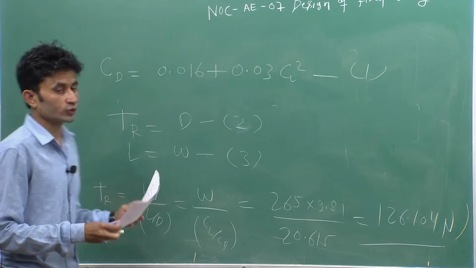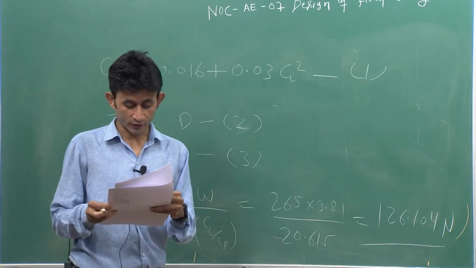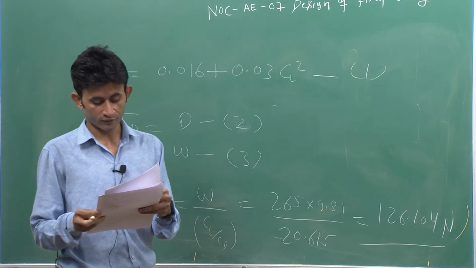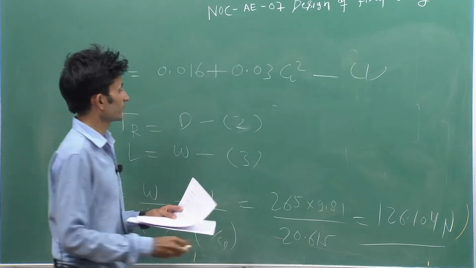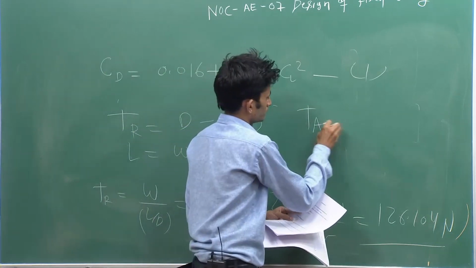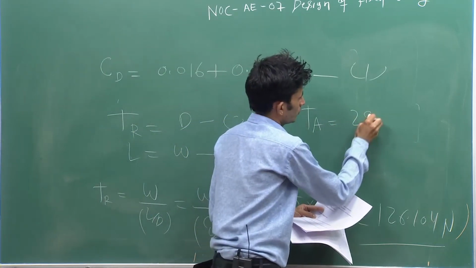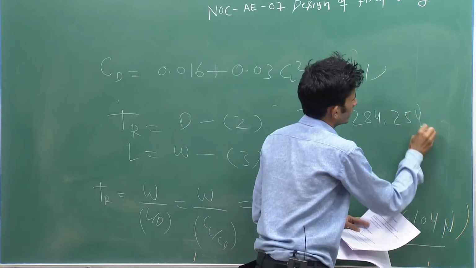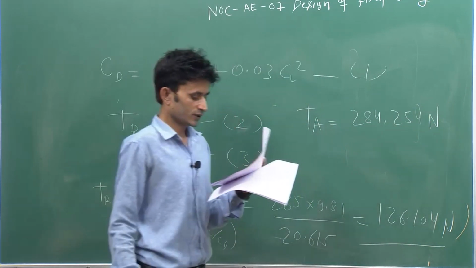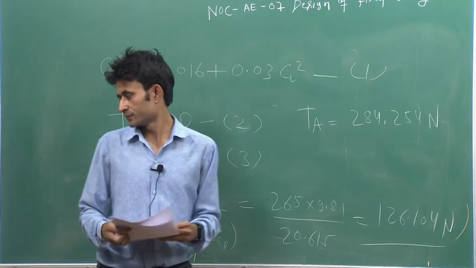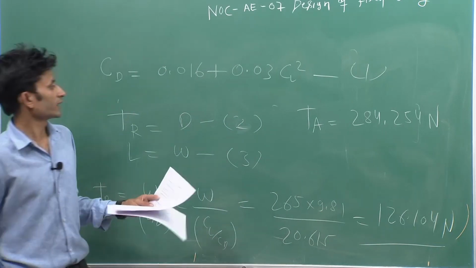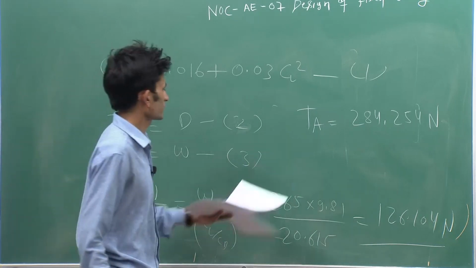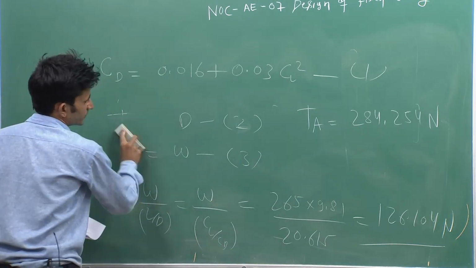And in the fourth question, the thrust available is given as 284.254 Newton, and then the climb angle in degrees will be, we have already assumed that the climb angle is less than 5 degrees, so let us check how much it is coming.